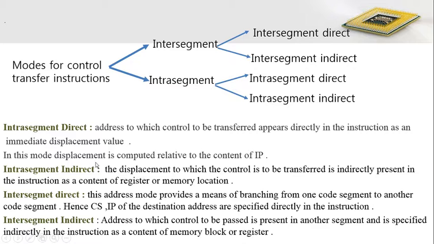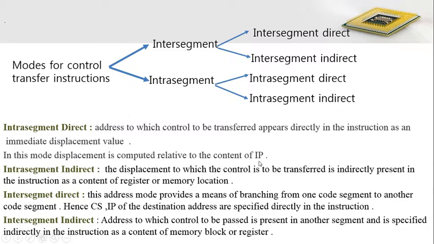Okay, in this mode, the displacement is computed relative to the content of the current instruction pointer. Because intra-segment means transfer the control to a location which is present inside the same segment, the segment address is the same for both the currently executed instruction and the instruction to which the control is to be transferred, both present in the same code segment, so we need to consider the displacement value only.